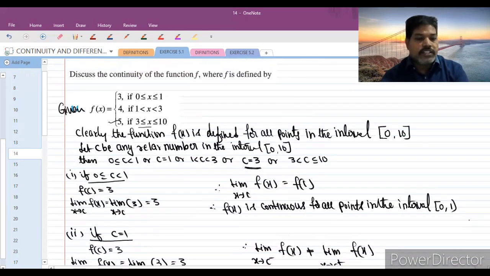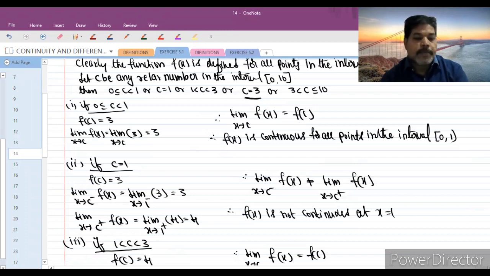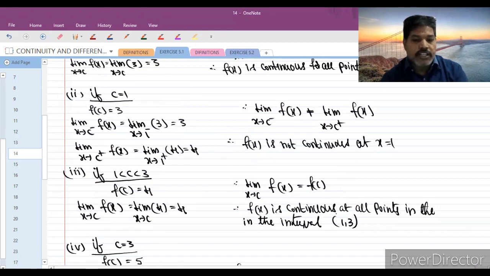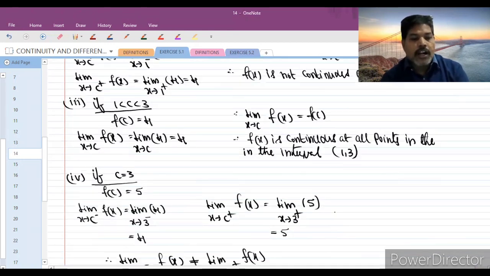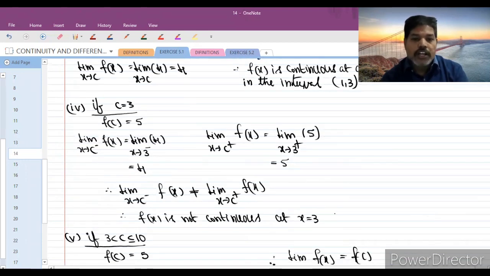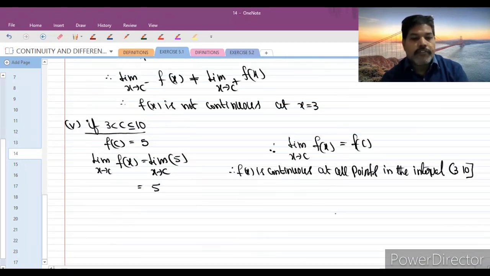So out of these cases, the first case is f of x is continuous on the closed interval 0 to 1, and the second case is f of x is not continuous at x is equal to 1. The third case is f of x is continuous at all points in the open interval 1 comma 3, and the fourth case is f of x is not continuous at x is equal to 3, and the fifth case is f of x is continuous at all points in the interval open 3 to closed 10.